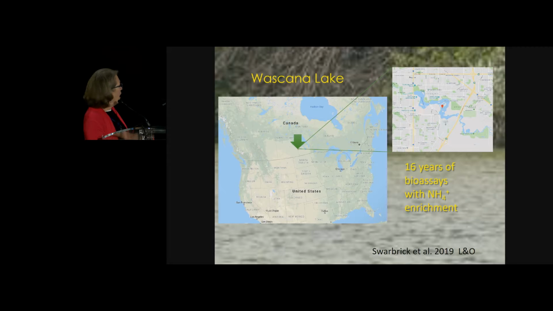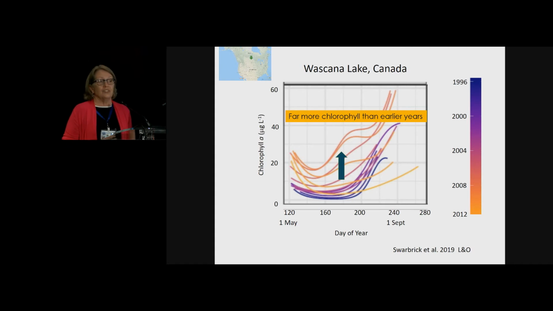Here I'm focusing on Wascana Lake, and 16 years of bioassays were done with ammonium enrichment. All done over the 16 years exactly the same, and they were done to test the extent to which these lakes were nitrogen limited. But over the 16 years, this lake has changed.